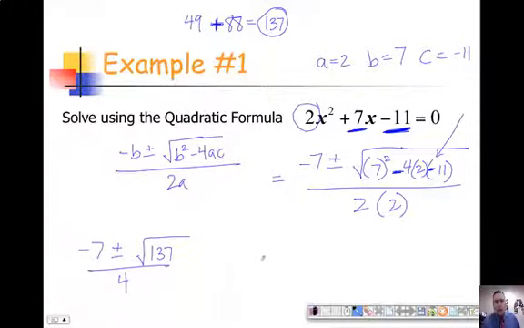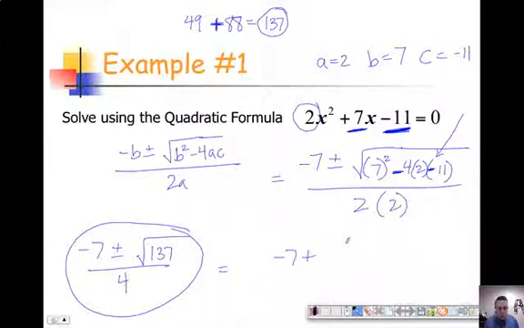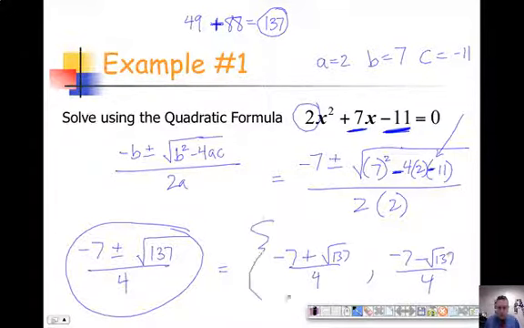Now I look at this and say, can I simplify this? If not, basically we have two answers. You could split it up if you want to, but basically this means negative 7 plus square root of 137 over 4, and negative 7 minus square root of 137 over 4. Put those in brackets, it's not a coordinate, okay?